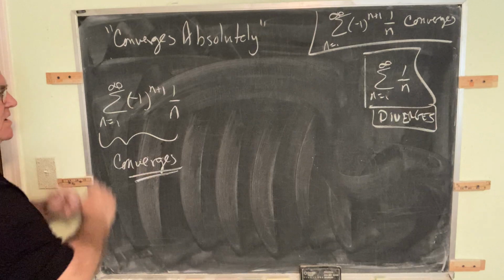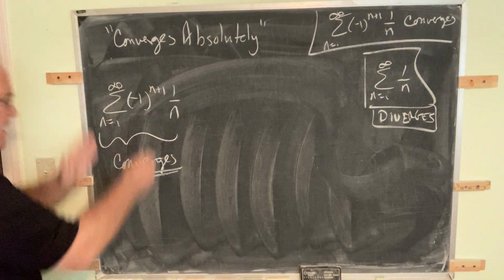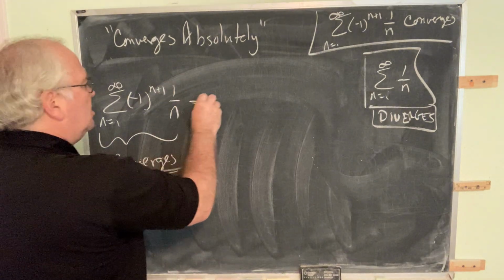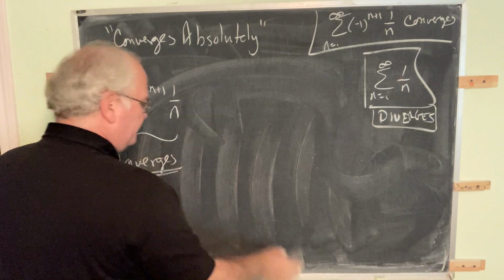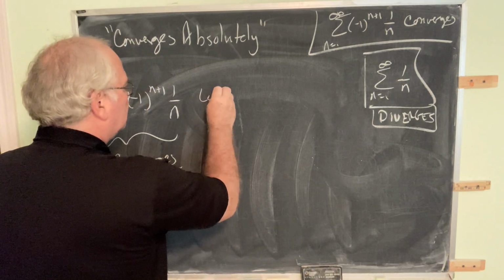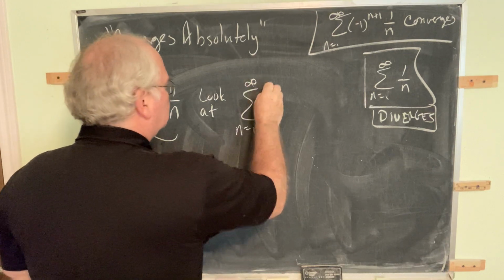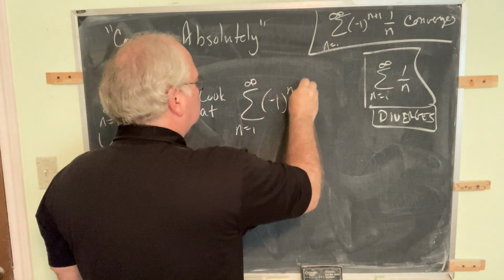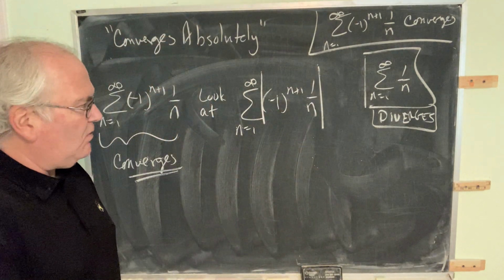Pretend we didn't know this converges. Now, we know this converges because of the alternating series test. But pretend we did not know that. And so what we're going to do is, to investigate this, we're going to say, okay, well, let's look at the absolute value, see if that works.